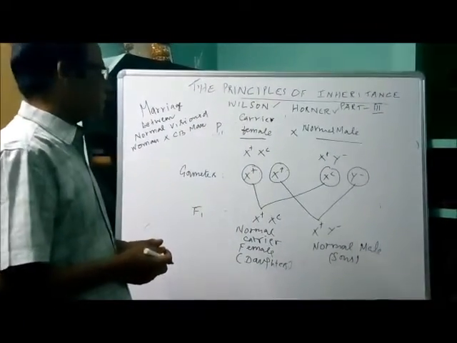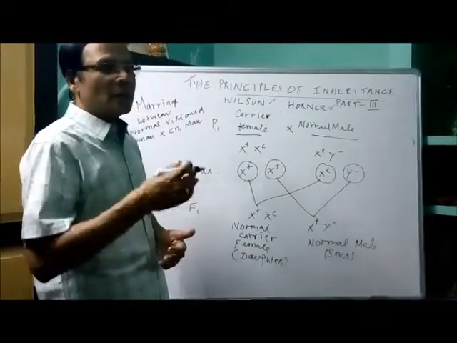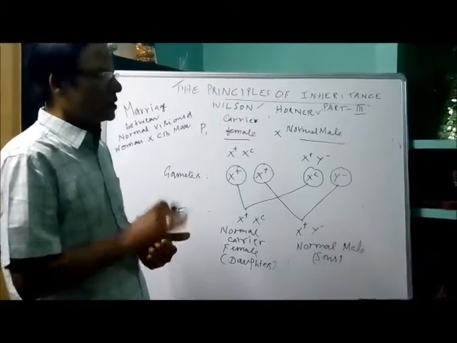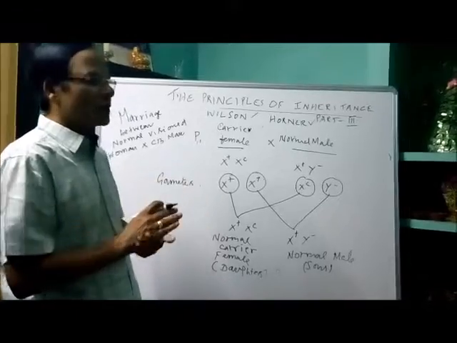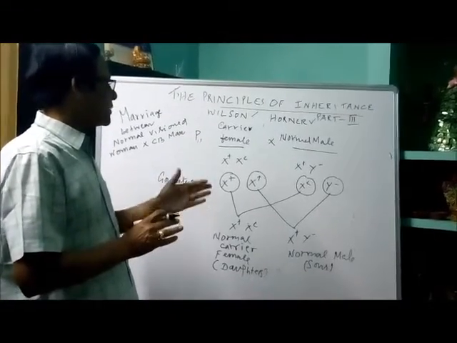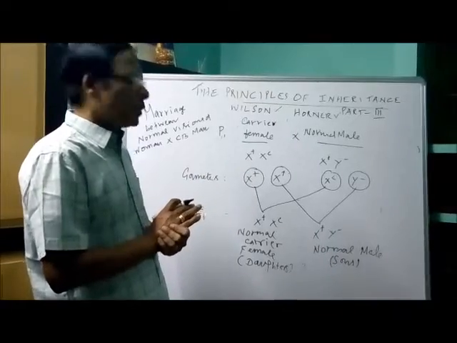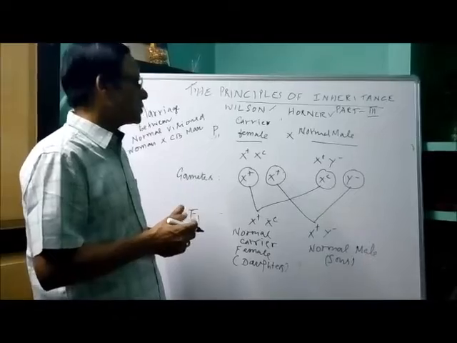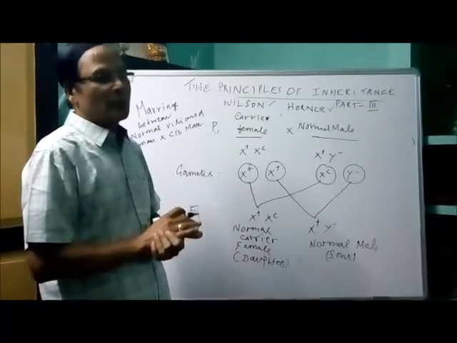In Mendelian inheritance, what we get in the F2 generation is the phenotype ratio 3:1, that means 3 tall, 1 dwarf. Likewise here, if marriage occurs between a carrier female and a normal male, we receive in the F2 generation, the next generation, 3 normal vision and 1 colorblind.